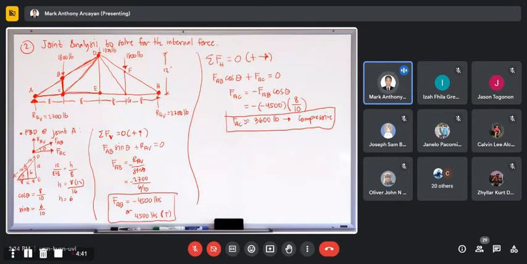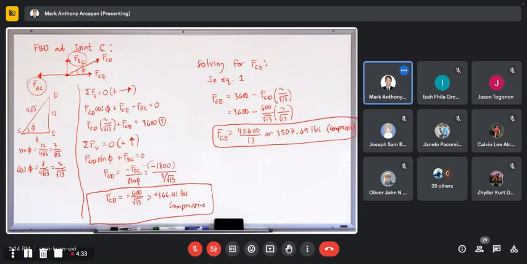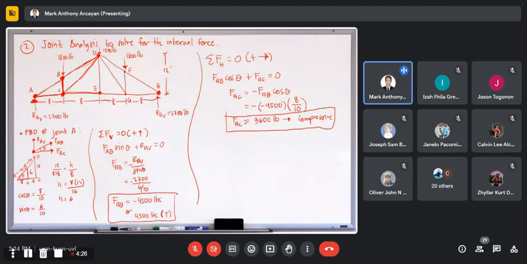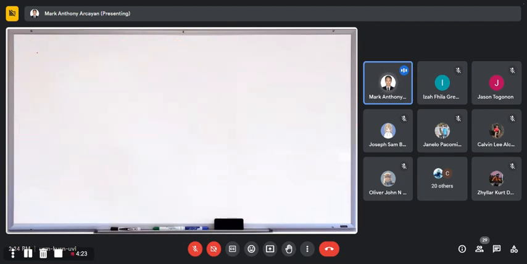Kay masolve ni siya since naa nalang duha ka unknown internal forces kay na-solve naman ni ang CE. Naa na tayo value sa CE that is equal to 3,507.69 pounds. So makuha na ato ang pin E. So diri ato FBD at pin or joint E. Sa joint E, naa diri ay FCE.